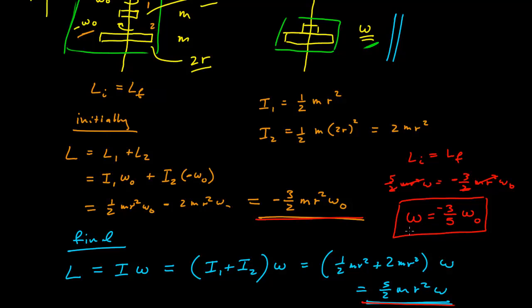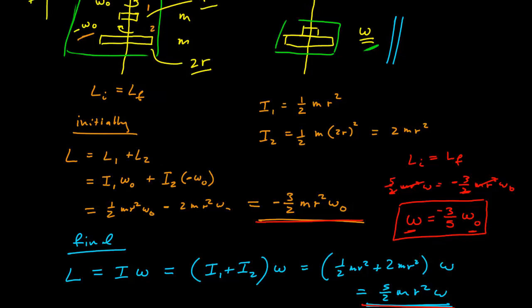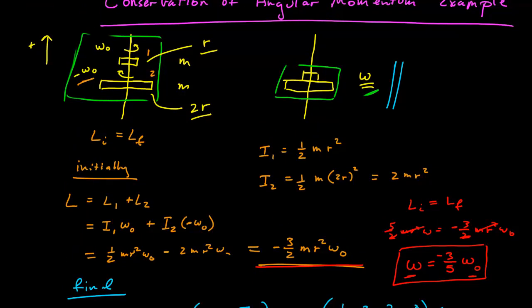So the magnitude is slower, 60% of what each of them was spinning originally, and the result is traveling in the negative omega naught direction. So they're going in the orientation that the larger mass was rotating initially.